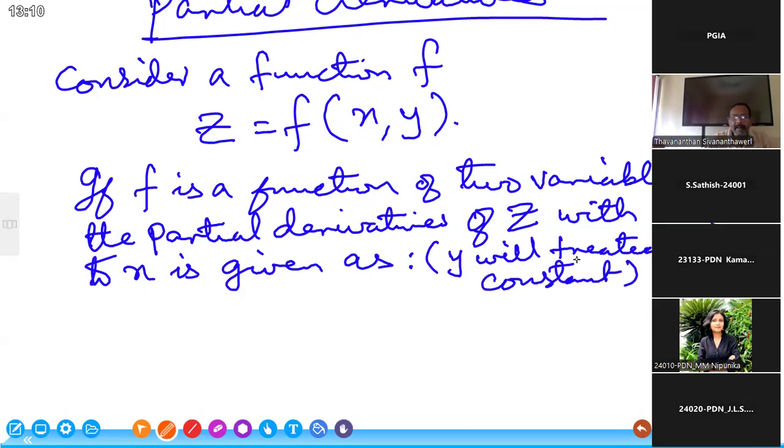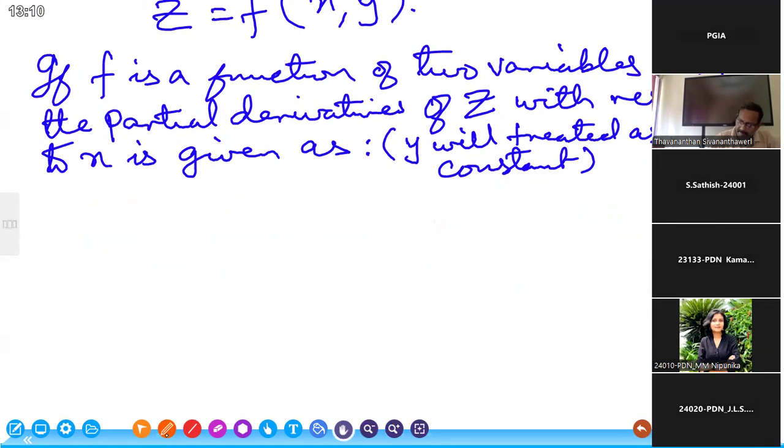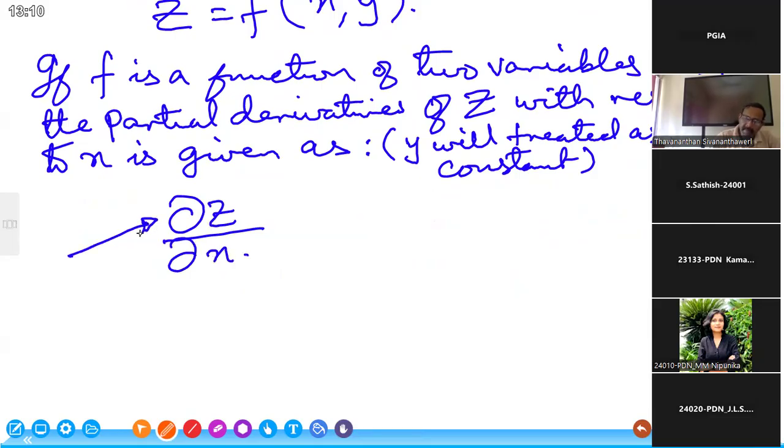Don't forget that y will be treated as constant when you consider the partial derivative of z with respect to x. That can be written using the partial symbol, ∂z/∂x. This indicates the partial derivative.